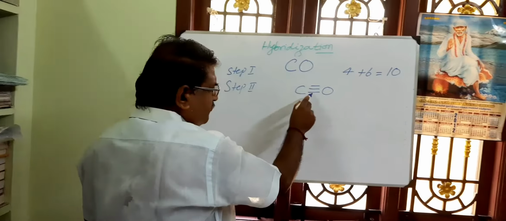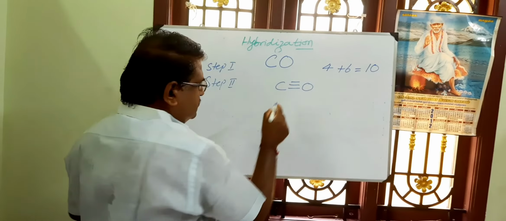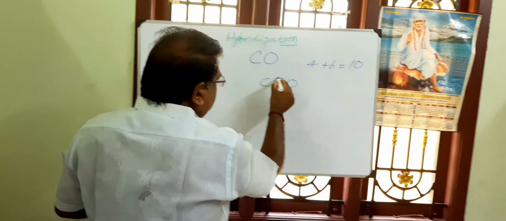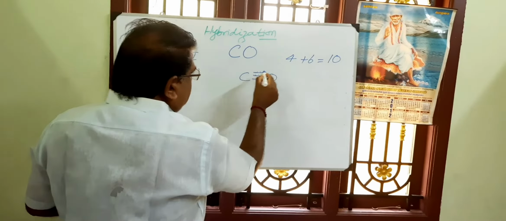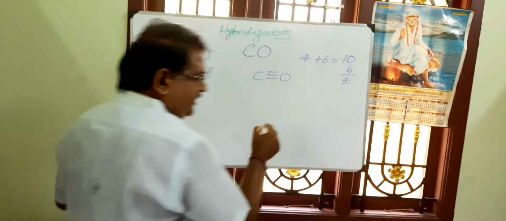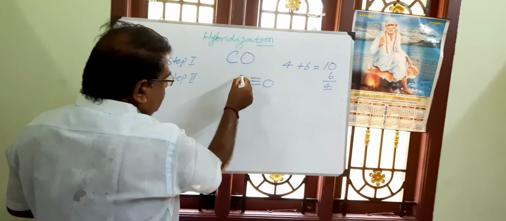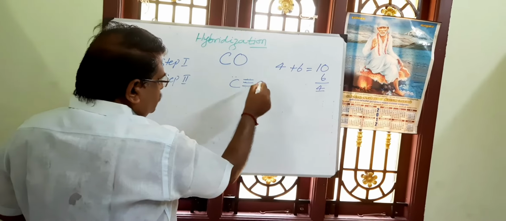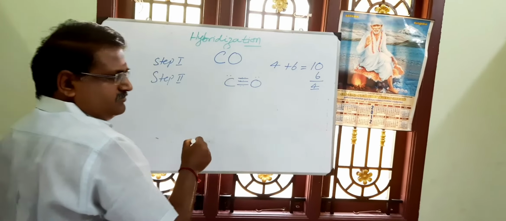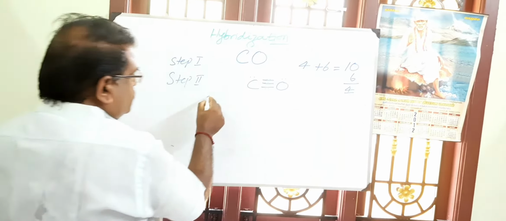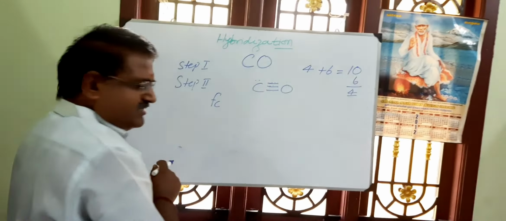Now for each bond formation we need 2 electrons. So 2, 2 and 2, so 6 electrons. So 10 minus 6, we have 4 more electrons in hand. To fulfill the octet rule, 2 electrons can be given to carbon and another 2 electrons can be given to oxygen. So now what is the formal charge for carbon in carbon monoxide?